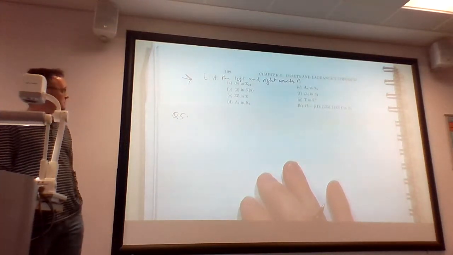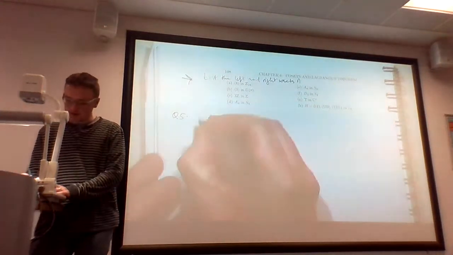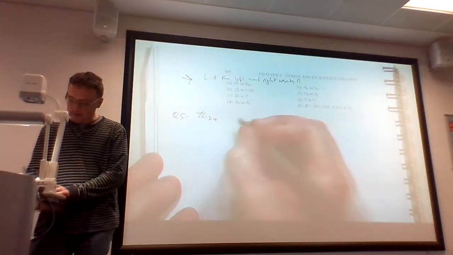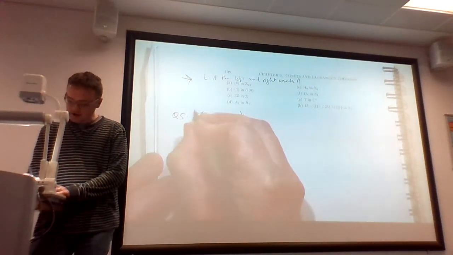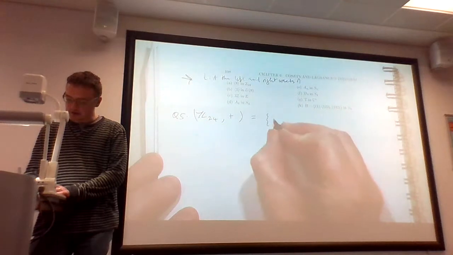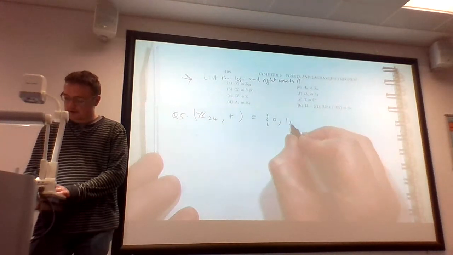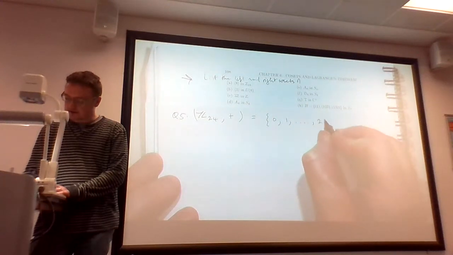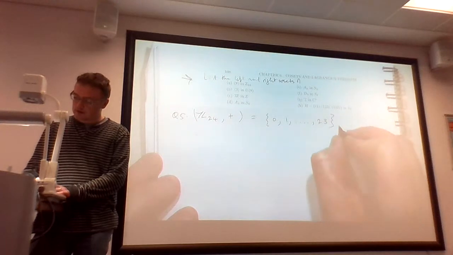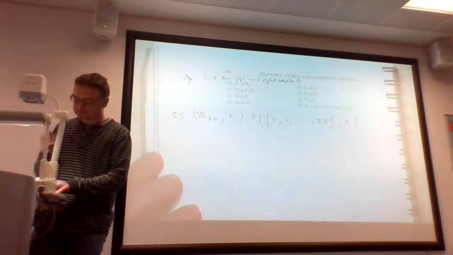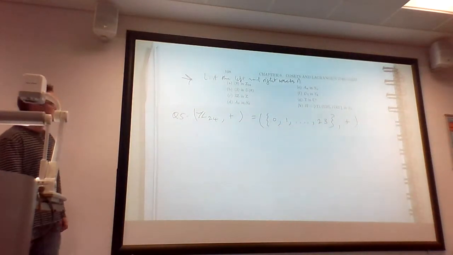So first of all, we'll look at Z24. So Z24, remember, is the group under addition of the congruence classes modulo 24. We can think of it as representing each congruence class with its smallest positive representative.